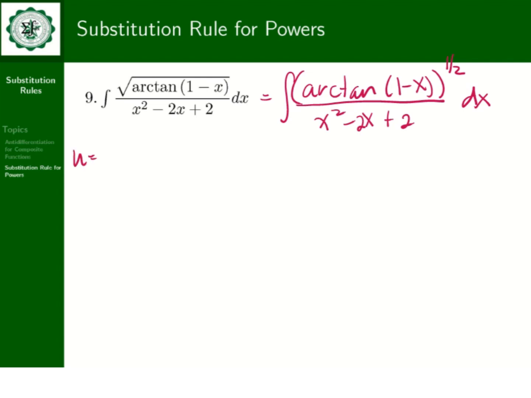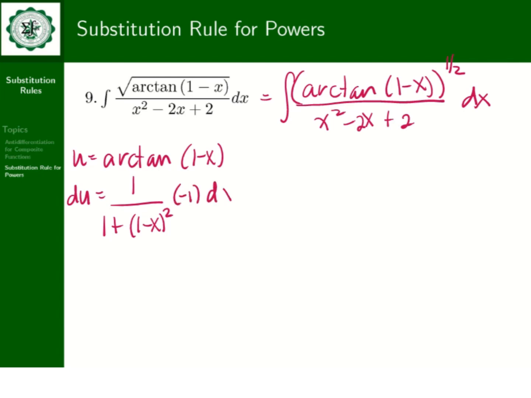Now we let u be arctangent of 1 minus x, and then du is equal to, using the formula for inverse trigonometric function, 1 over 1 plus (1 minus x) squared times the derivative of 1 minus x, which is negative 1, and then we put dx.